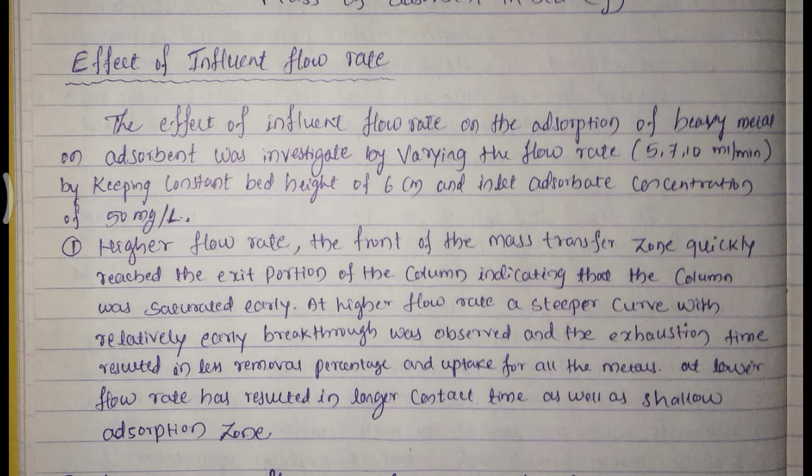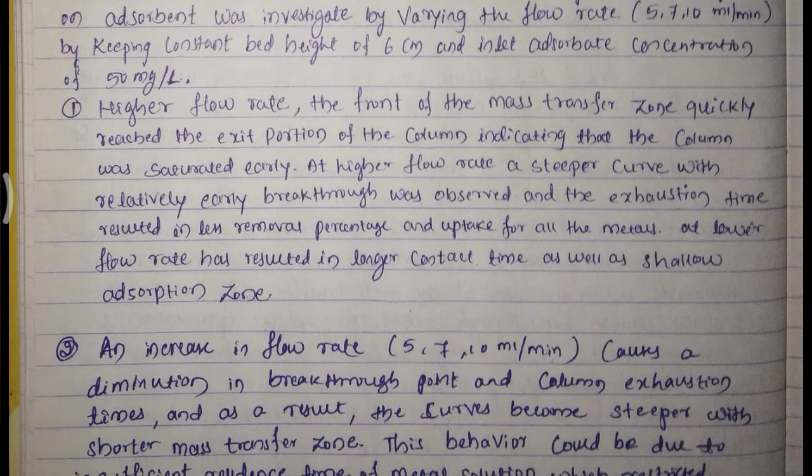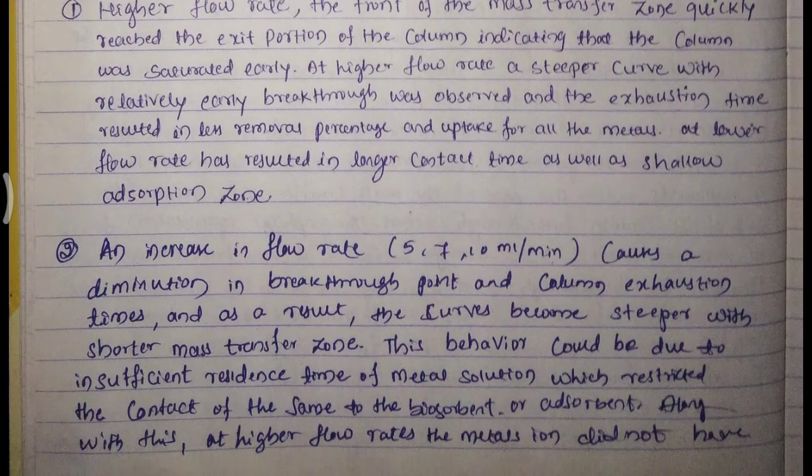Lower flow rate has resulted in longer contact time as well as shallow adsorption zone. An increase in flow rate from 5 to 10 ml per minute causes a diminution in breakthrough point and column exhaustion times, and as a result the curves become steeper with shorter mass transfer zone.